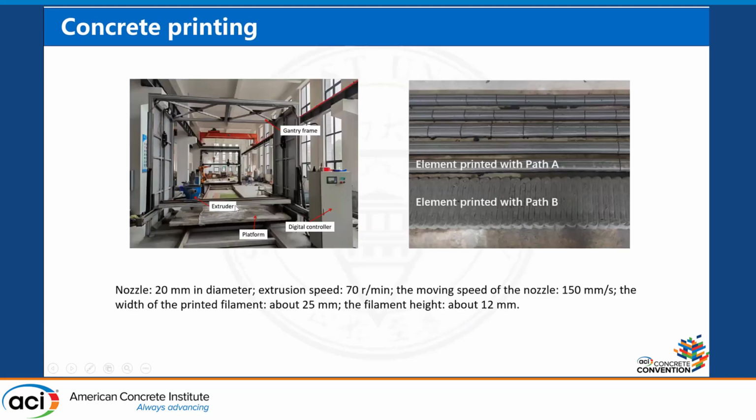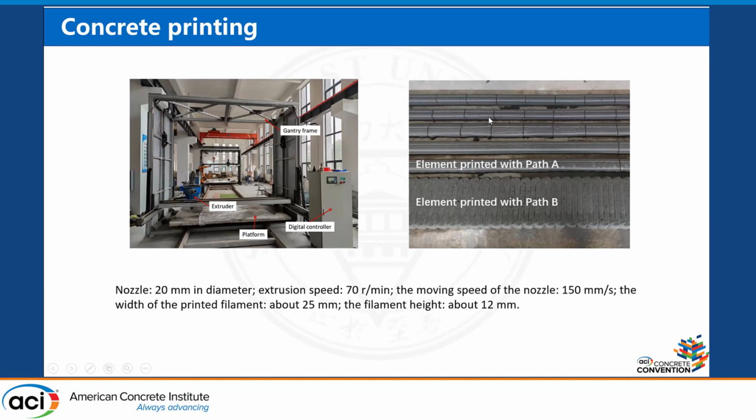Okay, here is the printer we used. It's a Gantry 3D printer. Here are the elements we printed in the factory. You can see we printed in two different ways.